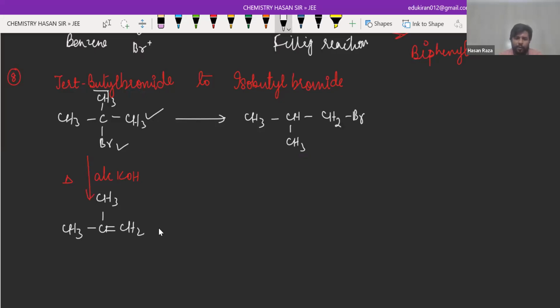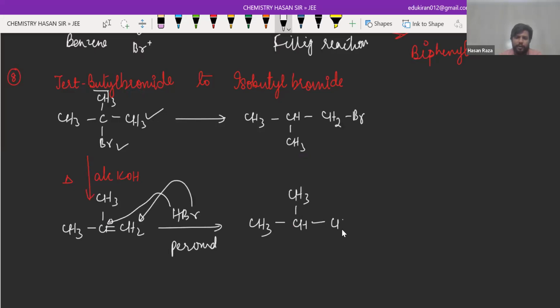After this, you react with HBr in the presence of peroxide. So the bromine will go here and H will be here. So it becomes CH3, CH, CH3, and here it is CH2Br. Now you can see this and this are the same. So basically, this is how we prepare this.